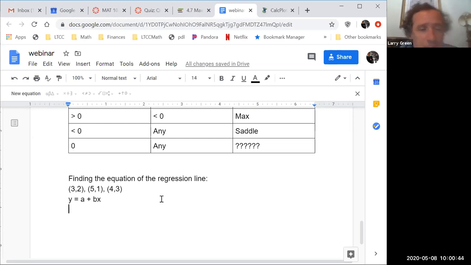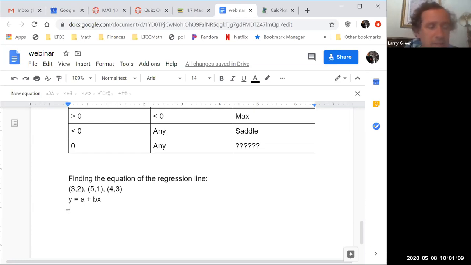So if you have y equals a plus bx, what you want to do is say, we have these points, and we want to find the line such that the points are closest to the line. Of all possible lines, we want the distance, and actually we're going to do the square of the distance, so you don't have to deal with the square root, basically.